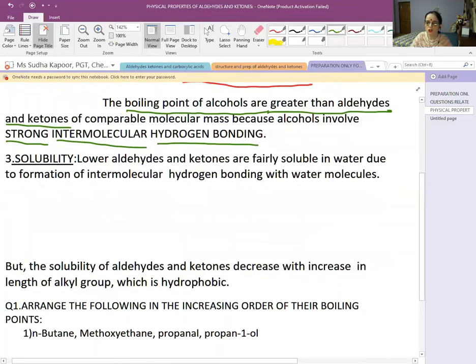The other thing is solubility. When we talk about solubility in water, the lower aldehydes and ketones are fairly soluble in water. The main reason is intermolecular H bonding. So when considering solubility with water, we have to represent the H bonding here also.